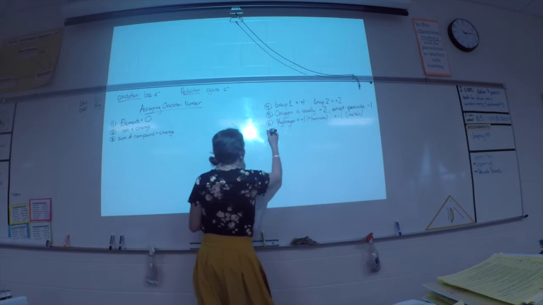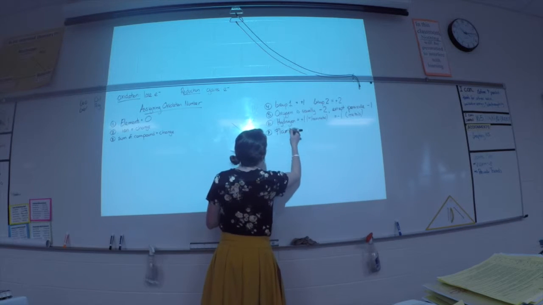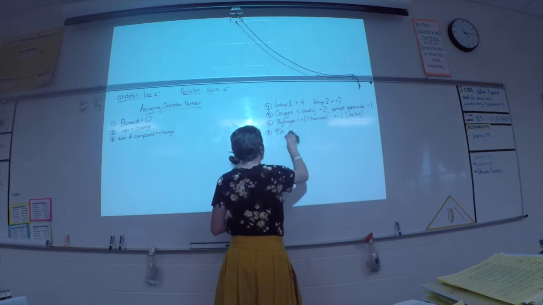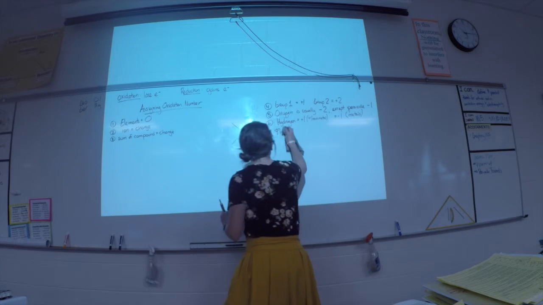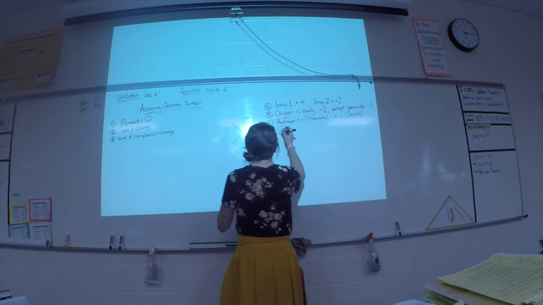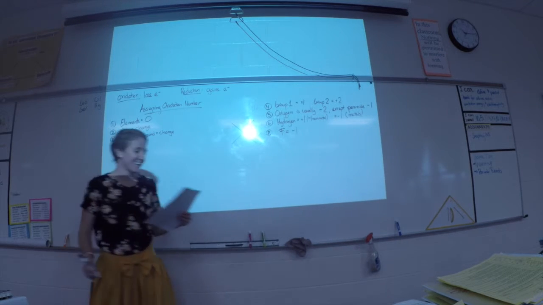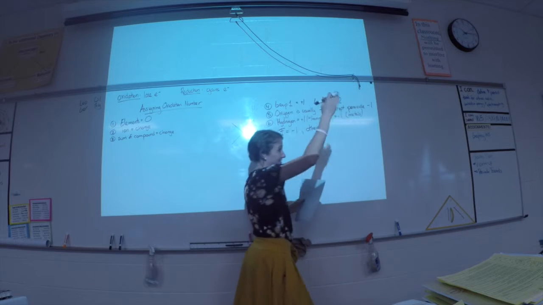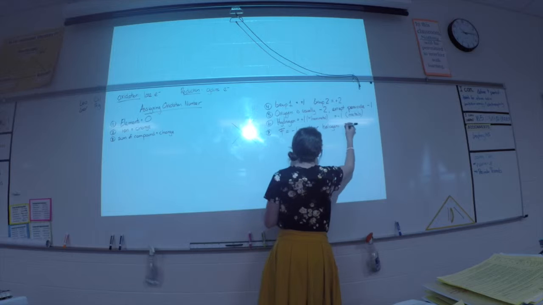And then our last rule is fluorine. Fluorine is -1. And the other halogens, so the rest of its family, are usually -1.